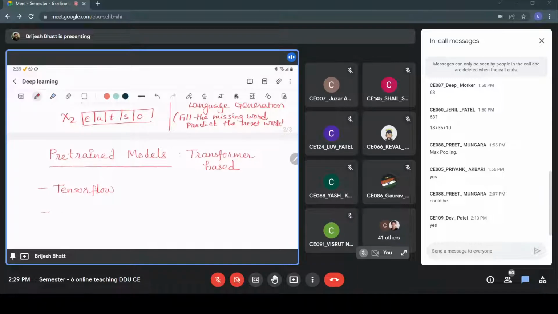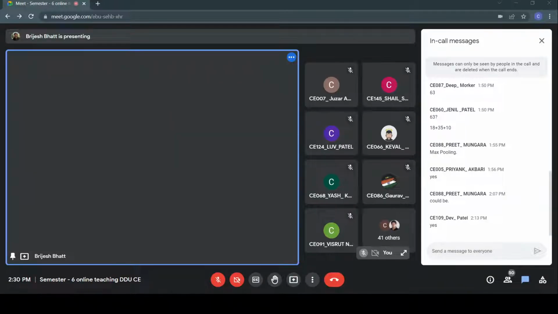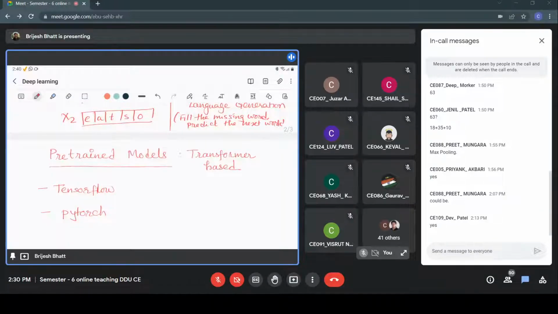Another computing library is called PyTorch. Yes, PyTorch is from Facebook. Facebook AI Research has released PyTorch. So if you want to write your deep learning program, you need to know this kind of libraries.